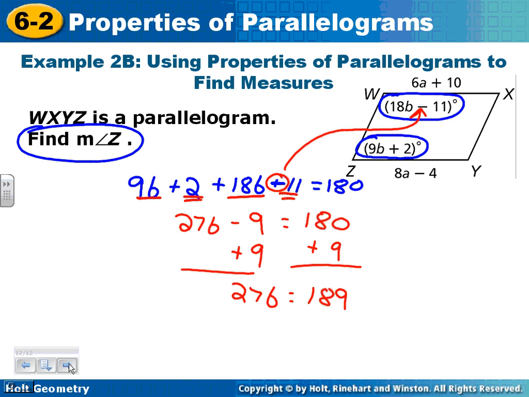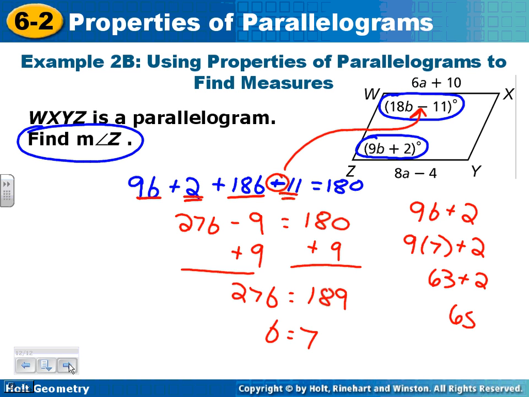Let's divide that and see if it comes out evenly. 189 divided by 27 is 7. So b equals 7, but I can't stop there. I've got to plug it into my angle Z. So take the 9b plus 2, plug in my 7. 9 times 7 plus 2, that's 63 plus 2 is 65, and that would be degrees. Angle measure 65.